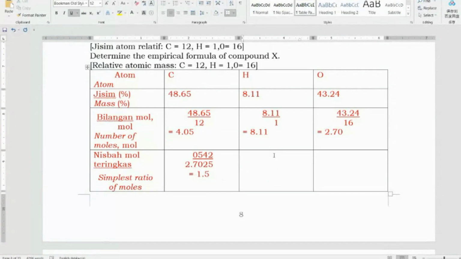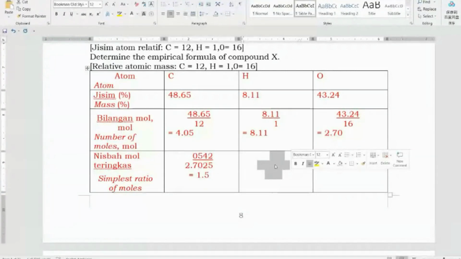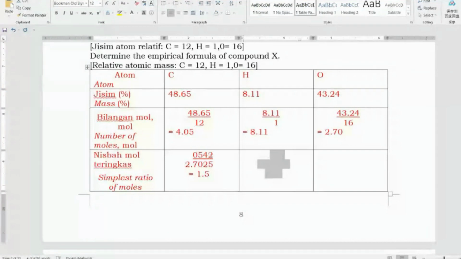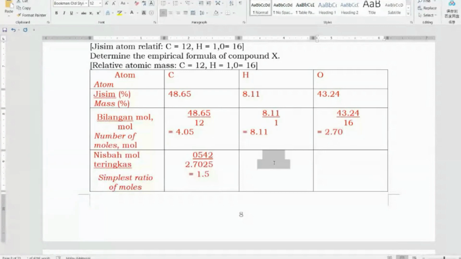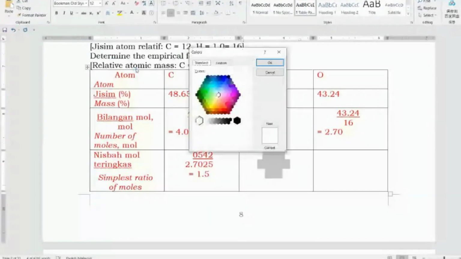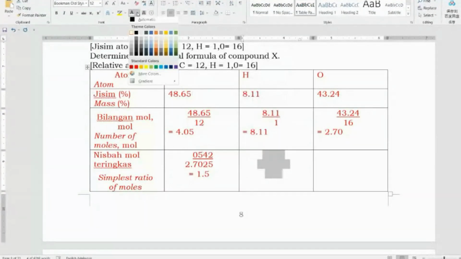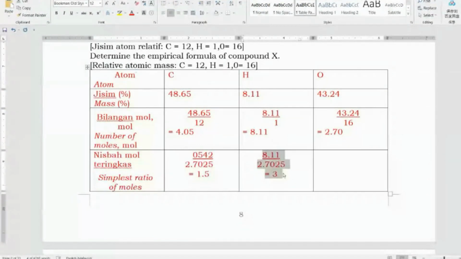Then how about this hydrogen? You have to divide by the smallest one, all right? 3.003. So you take out the 3. Then the other one is 1. Correct.